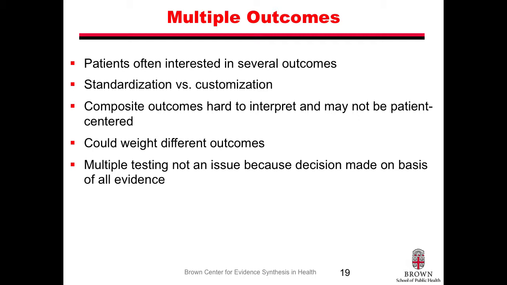We typically don't worry too much about multiple testing here because we're actually making a decision on the individual level, so we're not generalizing to a population. So if we're not really thinking about random variation across a population, we don't have to worry about inflating our p-values and all that kind of thing.